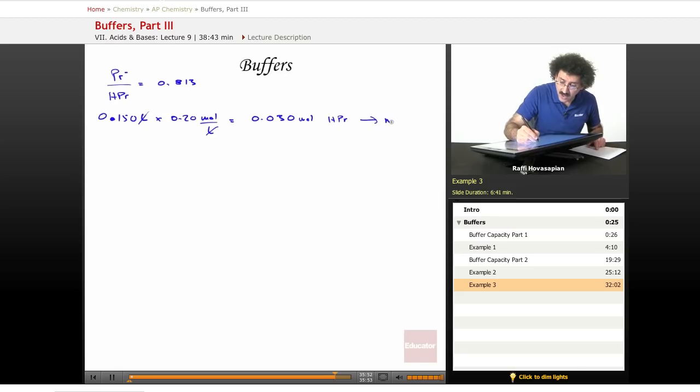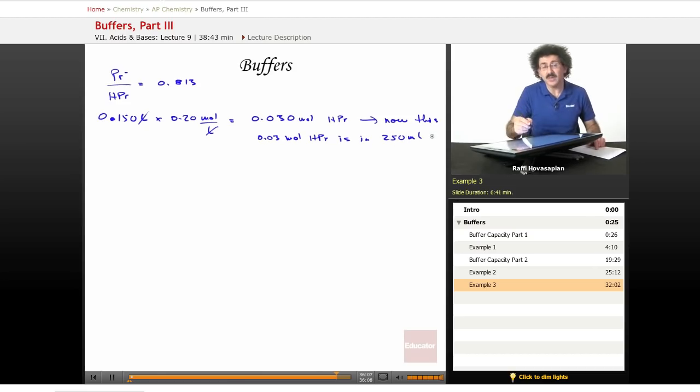Now this 0.03 mole of HPr is in 250 milliliters. Okay? Because I'm adding another 100 milliliters of solution, and the Henderson-Hasselbalch equation talks about the molarity of the whole solution.